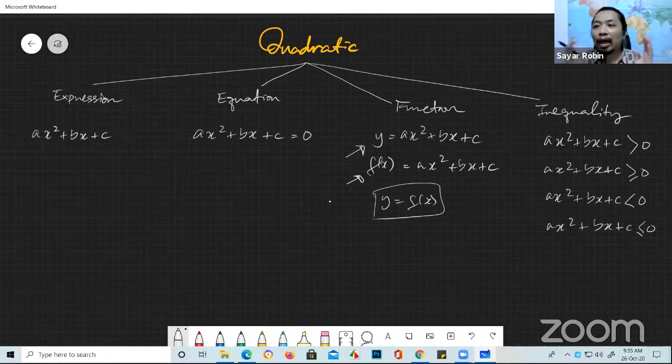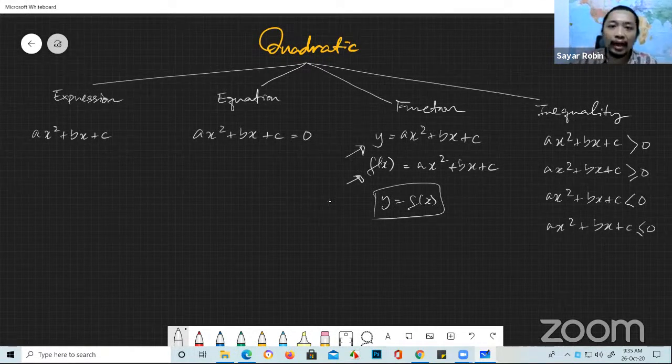You have to use these terminologies exactly for expression, equation, function, and inequality. They can be used not only for quadratics but also for other types of expressions, maybe cubic, or polynomials of degree 4, 5, 6, and so on.